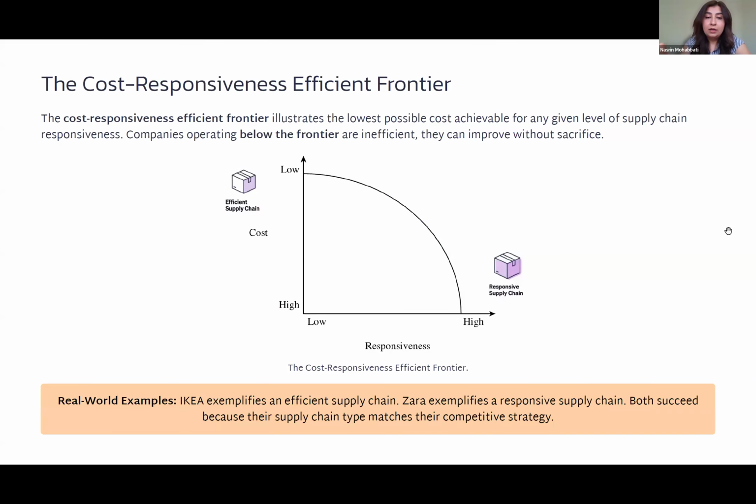And that's why we can draw the cost-responsiveness efficient frontier like this. So we can have responsiveness on the x-axis and cost on the y-axis. A supply chain can be not responsive or really responsive, very high responsiveness, or maybe high cost or low cost.